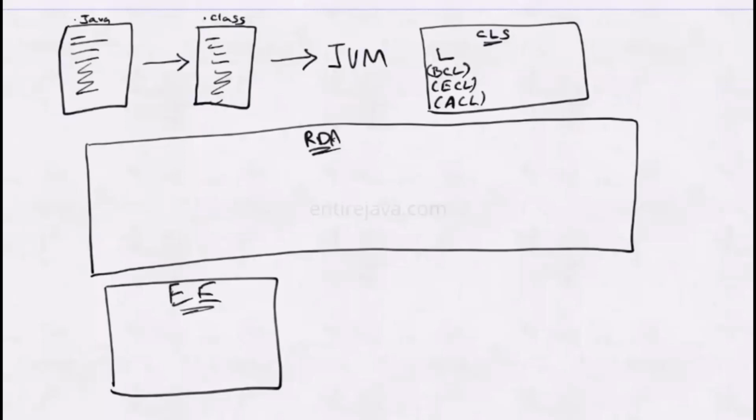Now the second component of the class loader subsystem is the linker. The job of the linker is to verify that the generated bytecode is in proper shape. Basically, it would perform a compliance test and see if the bytecode is compliant or compatible with the Java virtual machine. If there is any problem with the bytecode, we would see a runtime error.